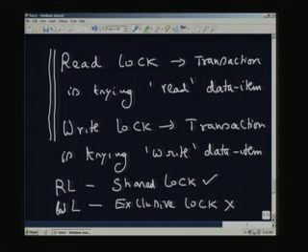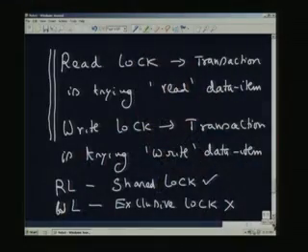So, as opposed to the operating system context where we have only one lock, we distinguish the semantics of the lock here, whether it is a read lock or a write lock. Based on that, database systems try to optimize the concurrency that is possible when transactions are simultaneously executing.